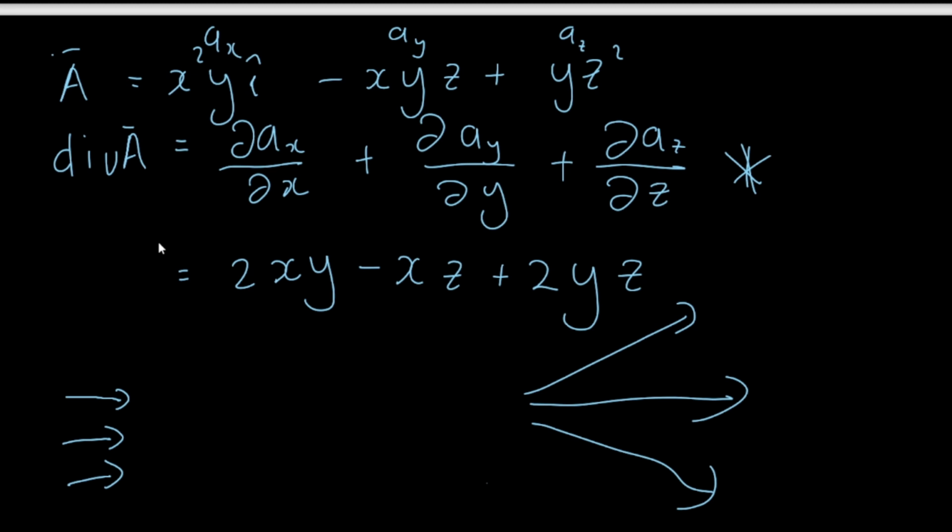We can understand this from the mathematical definition: it's simply the sum of the components and how much they have changed. So we can define divergence as the extent to which these vectors are changing or spreading out.